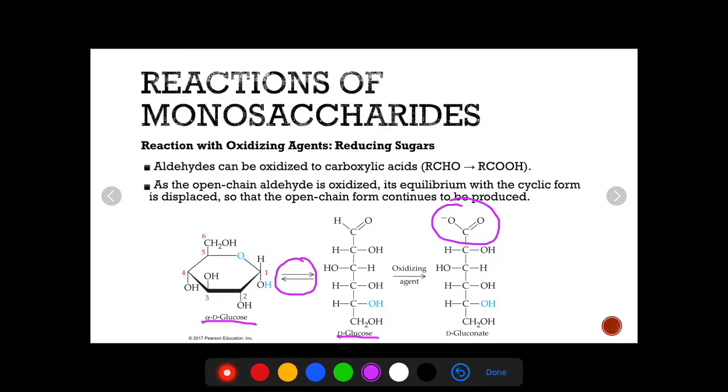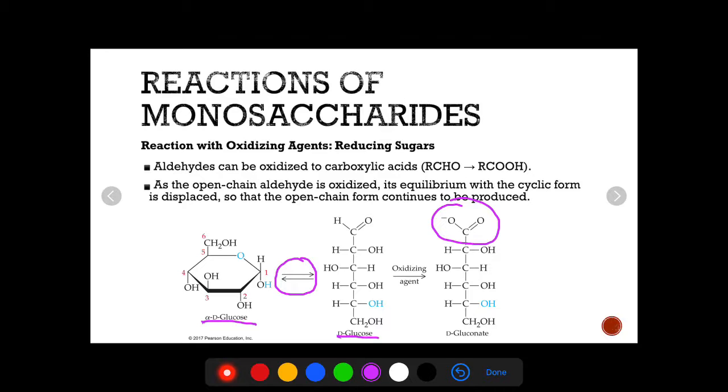So carbohydrates react with oxidizing agents, and if they do, they're classified as reducing sugars. That's basically what we did in the lab when we used Benedict's reagent, and it said if we had a brown, orange, or red precipitate, then that was an indicator of a positive test for the presence of a reducing sugar.